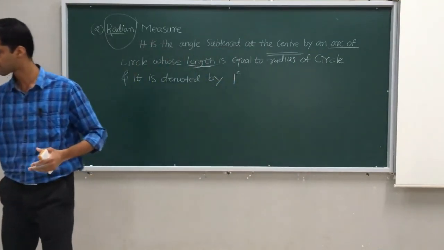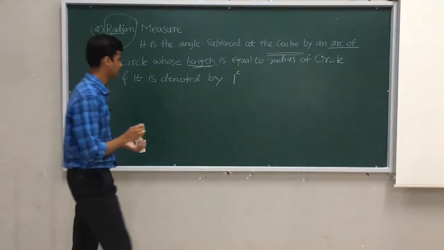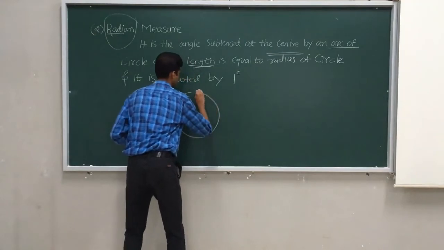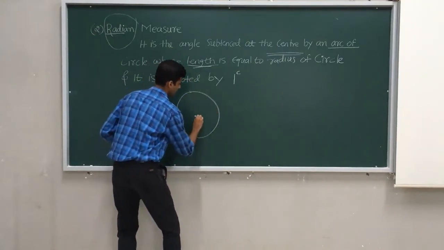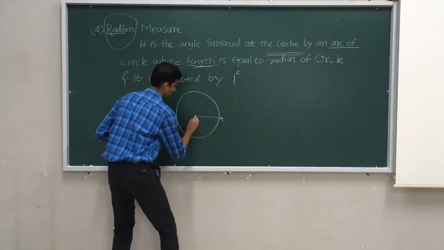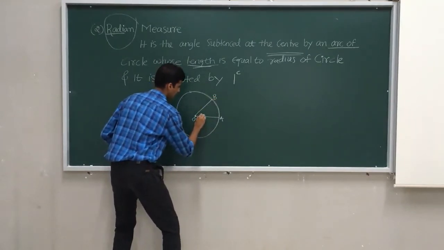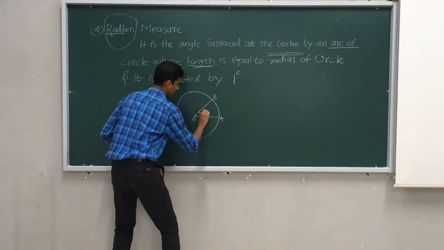Now draw this definition. This is A, O, this is B. Now I'll call this 1 radian.